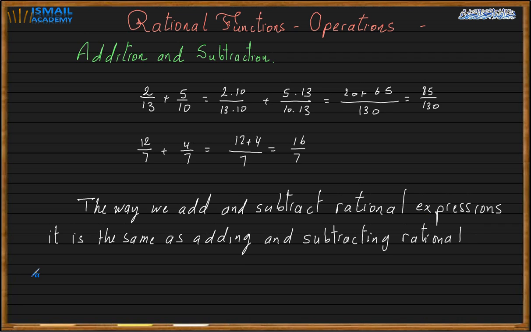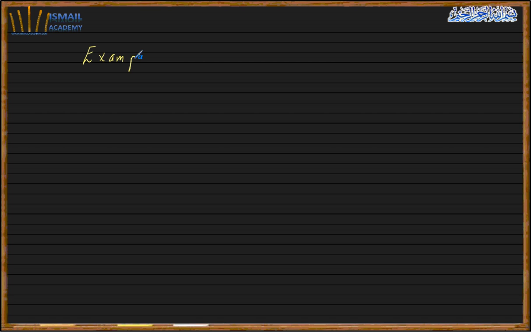With rational numbers we're dealing with integers. Example: suppose I want to add 7x over x squared plus 9, plus 2x minus 8 over x squared plus 9.